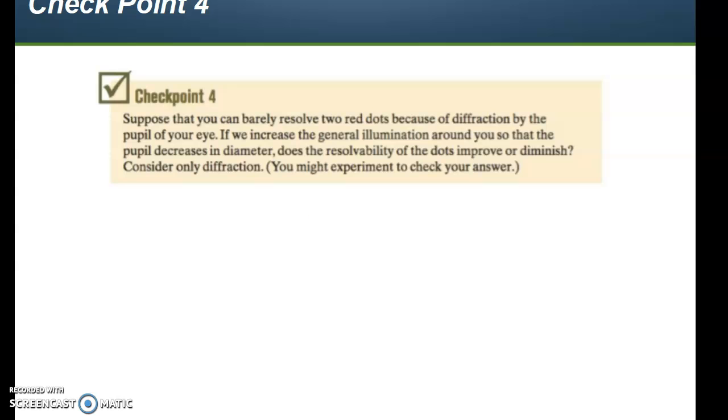But anyway, it's an interesting phenomenon that you can experiment with. The reason the additional light doesn't help you is that with additional light, your pupil decreases in diameter.